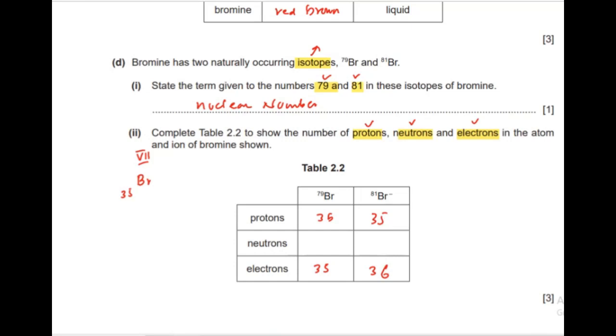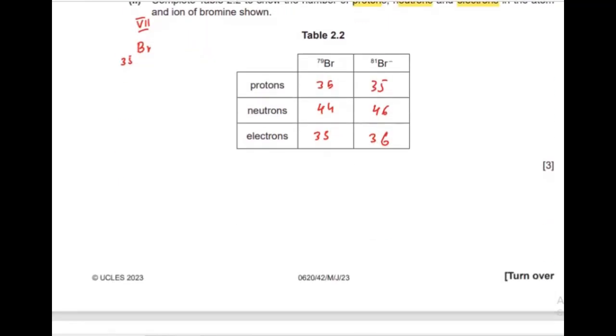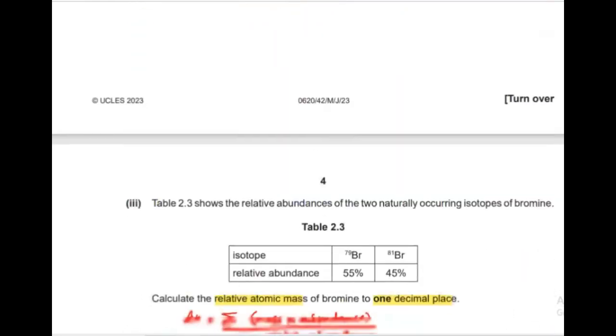So 79 minus 35, you will get 44, and 81 minus 35, you will get 46. So these are the numbers of electrons, protons, and neutrons in Br and Br negative. Whenever there is a Br negative, you have one more electron as compared to Br.